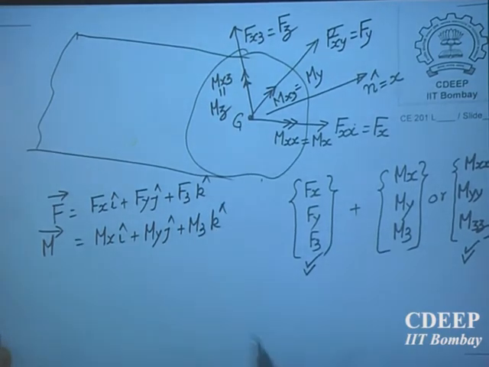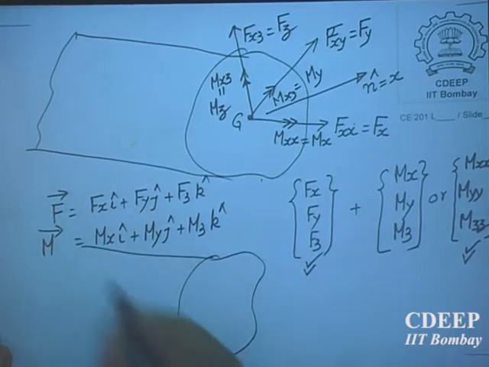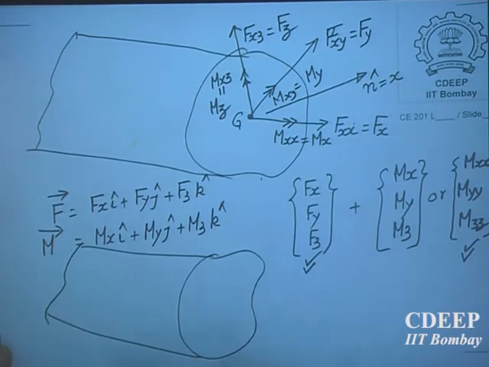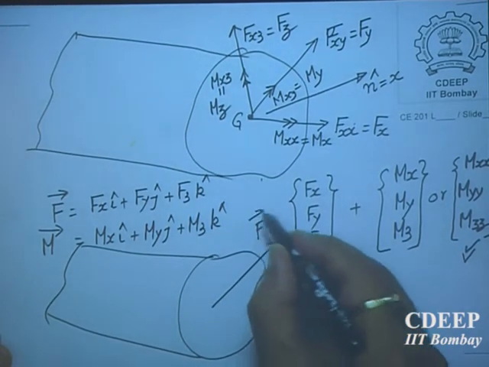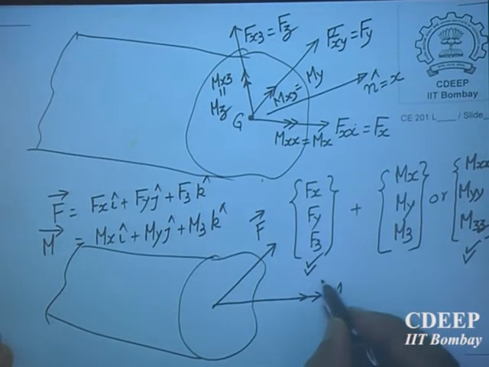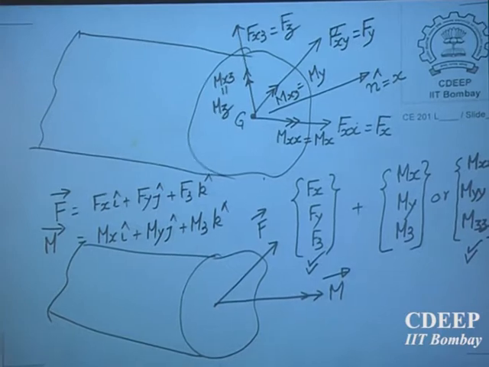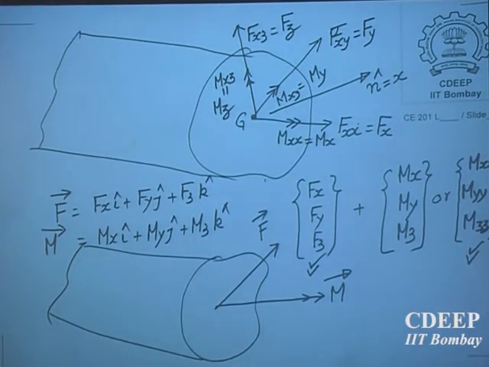So in general, you have the body, this is subjected to a force F and a moment M. I think this you have learnt in rigid body mechanics in general. So we are just reiterating that.